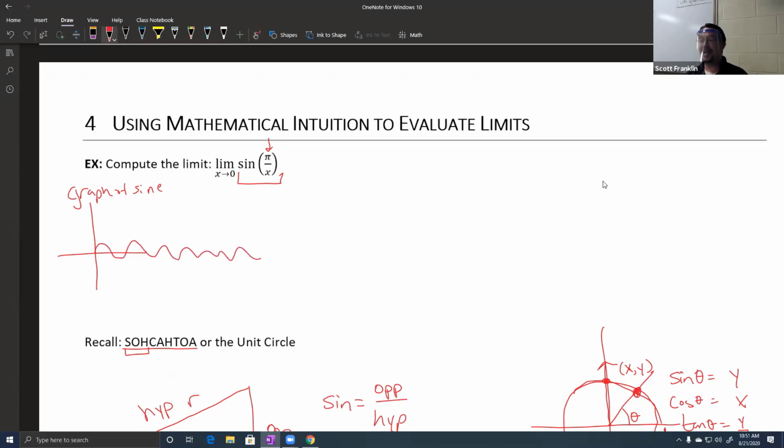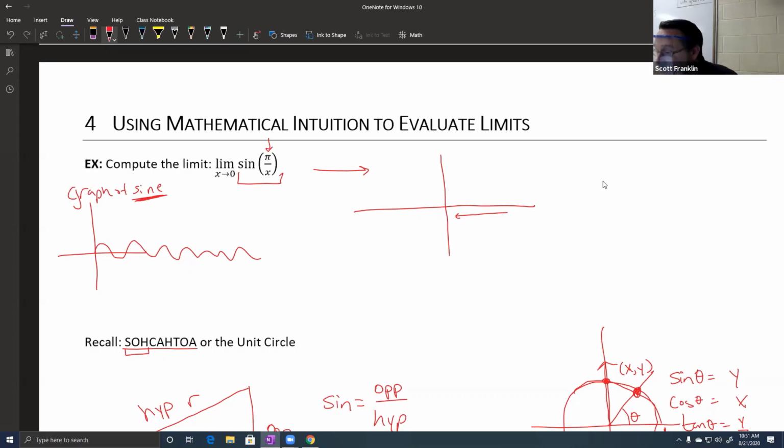So as this thing in here gets bigger and bigger, all sine's going to do is bounce back and forth. So this is the graph of sine, not of sine of pi over x. If I were to actually graph this, as I come in towards 0, it's like taking what's happening going out to the right and squeezing it in as I come in from the right.